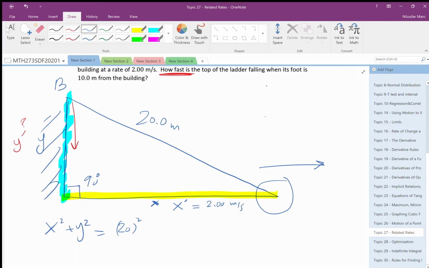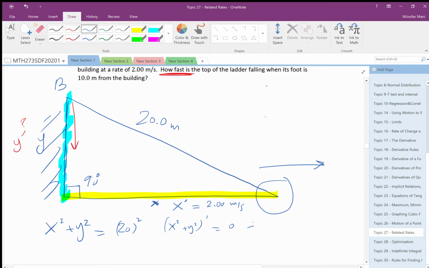So now I do the derivative of both sides. Related rates says all of them are based on time, so for all of them you need x prime, y prime, z prime, r prime. Here I take the derivative of x squared plus y squared, which equals the derivative of 400, which is 0.